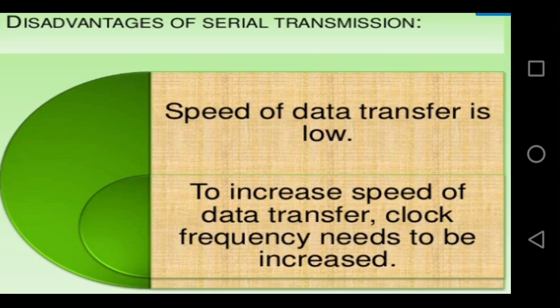The goal is we have to use serial transmission, but the disadvantage is that the speed of data transfer is very low, so we need to compensate the speed. This can be done by using clock frequency. We'll see what that clock frequency is.